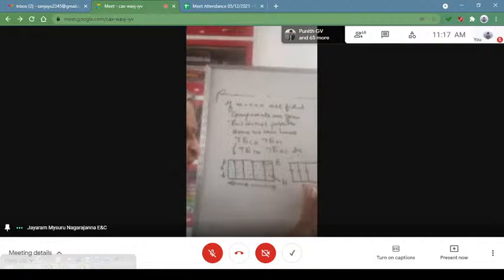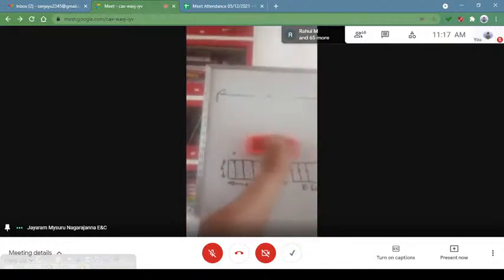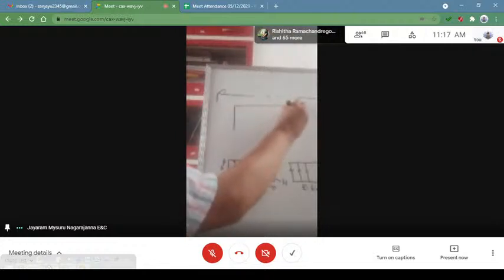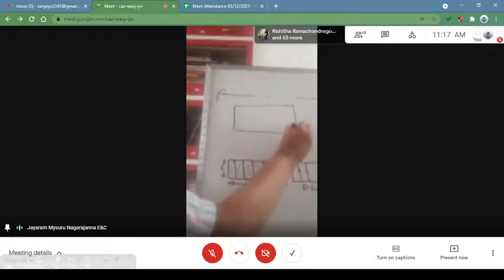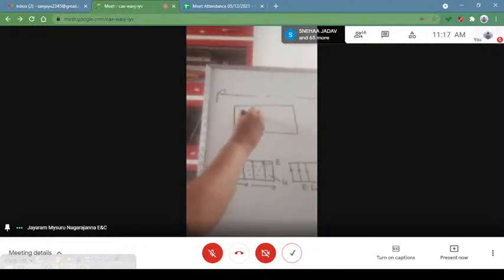This is the E field. If you write the H field, it will be in the form of a circular loop. So the H field, if you consider this as the waveguide, will be in the form of circular loops.